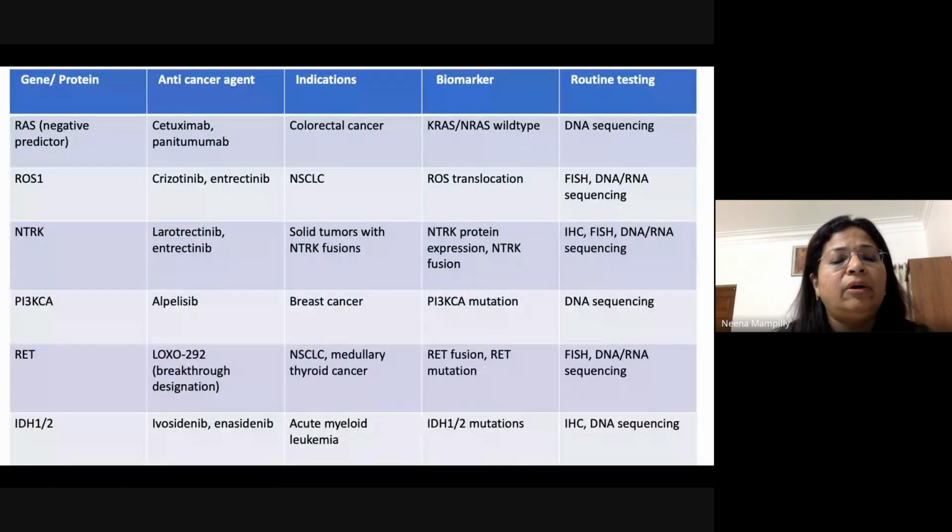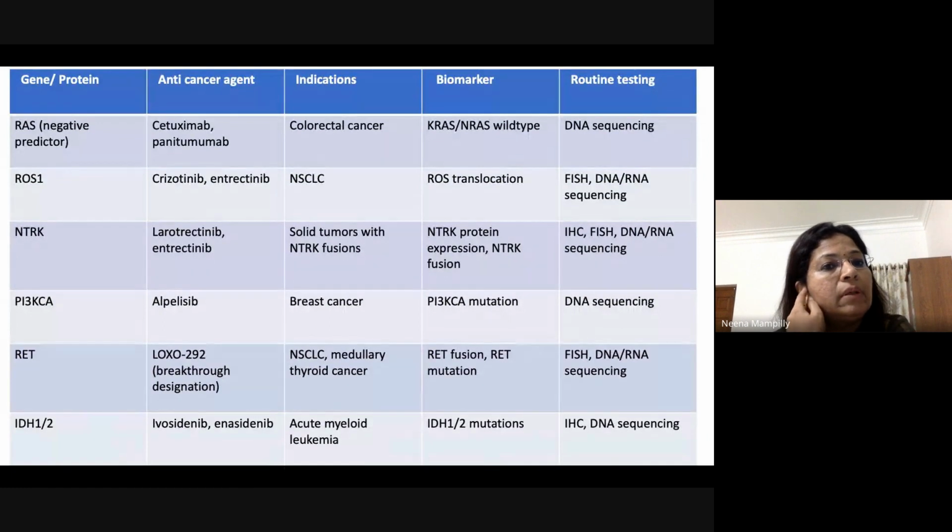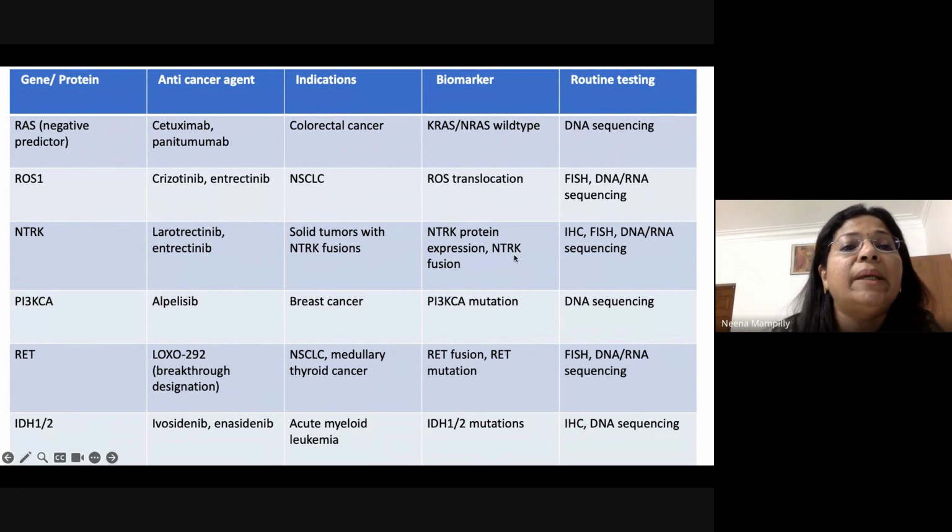So, this list of anti-cancer biomarkers and its testing methodology and the list of biomarkers that are important in many cancers continues to grow. So, many of these proteins and these biomarkers are tested for many of the common cancers.